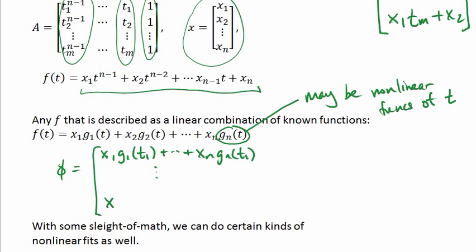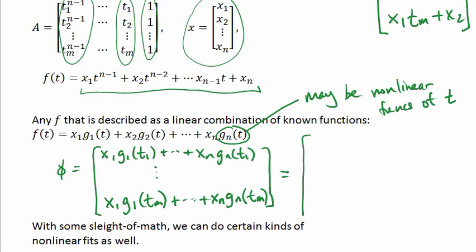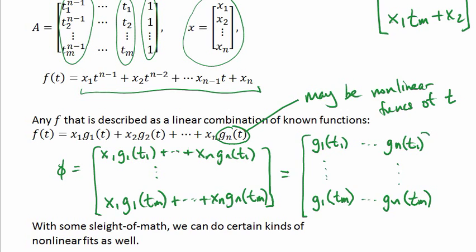And then as we go down the rows, we just increase the index on t. And we can still write that as a linear combination structure, where we take g1 evaluated at all the points for the first column. We would have g2 in the second column, and so on, gn in the nth column. So it's quite a general form for this problem.